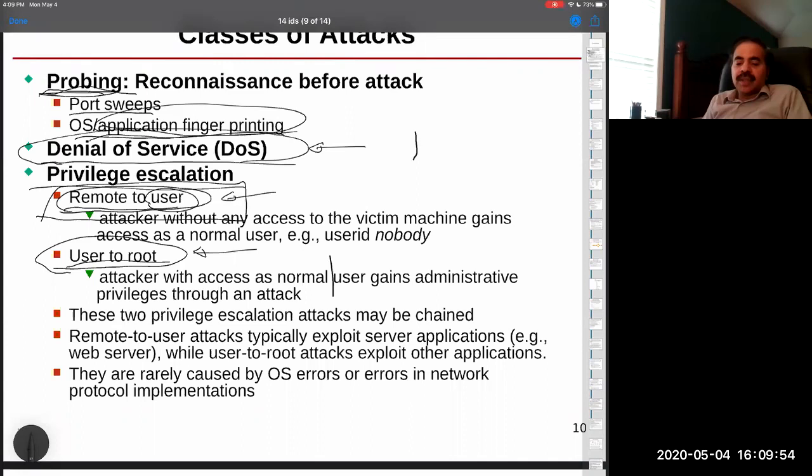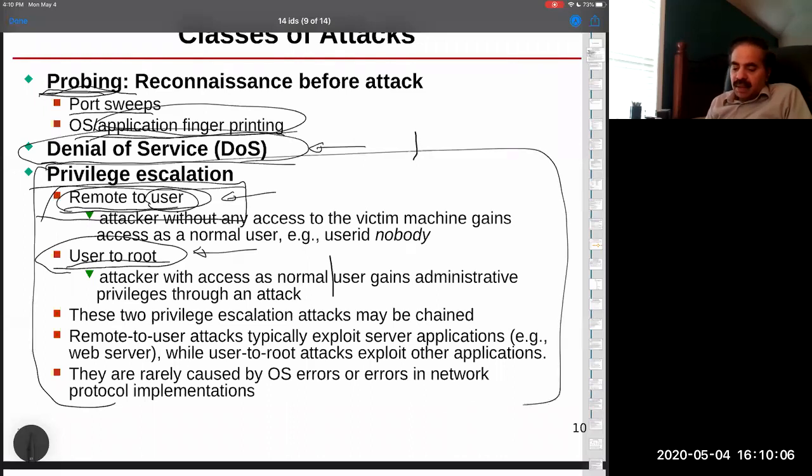And intrusion detection systems are designed to identify all of these categories of attacks. But we will focus primarily over here on these privilege escalation attacks, which typically involve exploiting vulnerabilities in some applications.